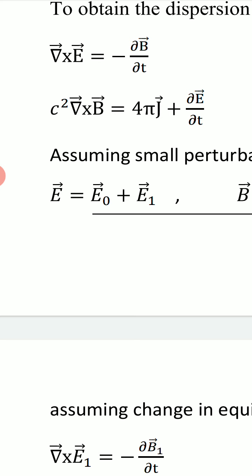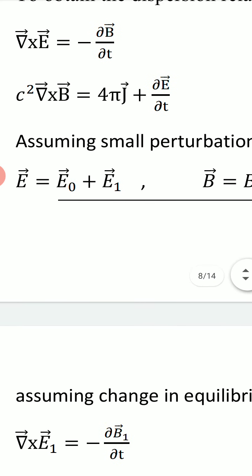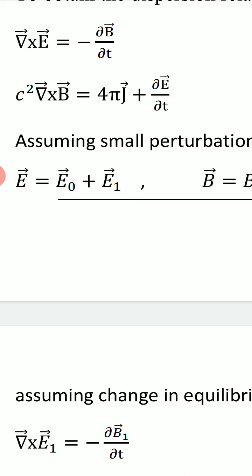We can write this second Maxwell equation as curl B, that is del cross B, equal to mu 0 into J plus epsilon 0 delta E upon delta T. Mu 0 is with both J vector and epsilon 0 delta E upon delta T. With delta E upon delta T, we have mu 0 epsilon 0, and if c is the velocity of light, then c is equal to 1 upon under root mu 0 epsilon 0.